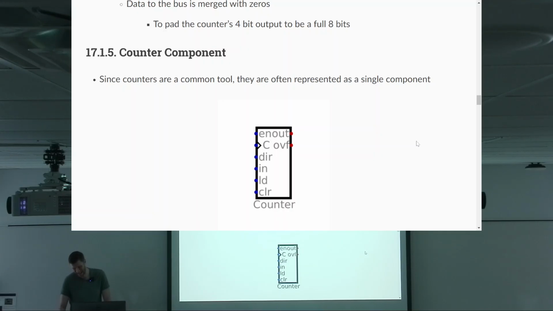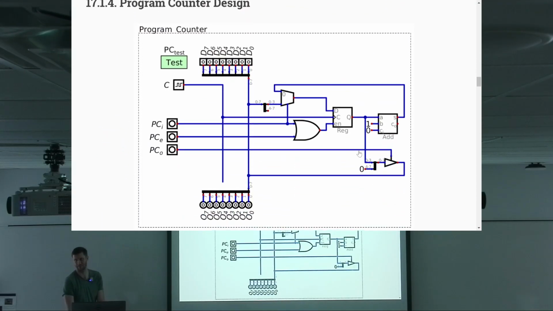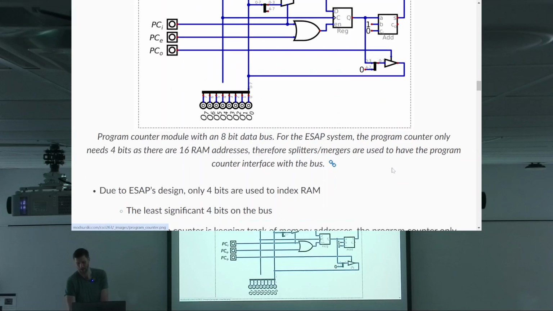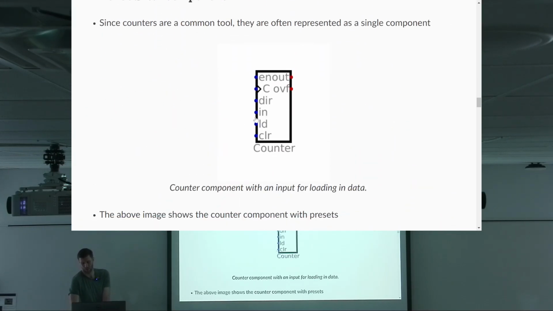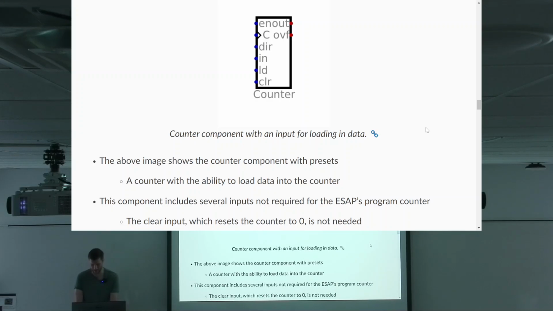I originally had this in the ESAP design, but I decided to replace it with an abstraction because that's the spirit of this whole course: abstract, abstract, abstract. That is what we're going to use in our design.